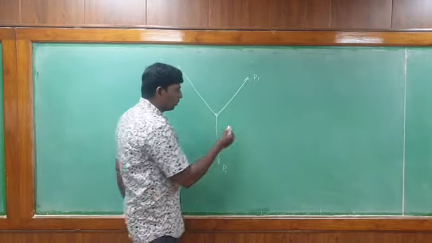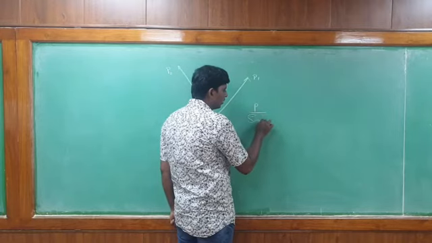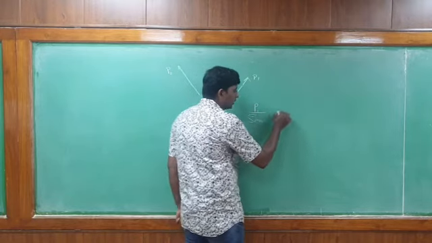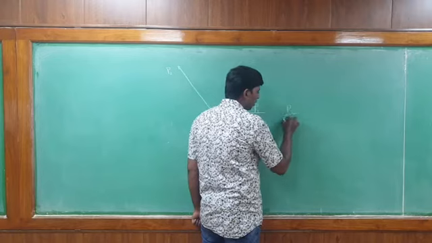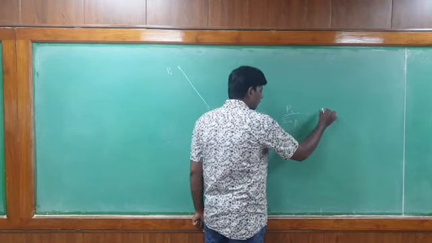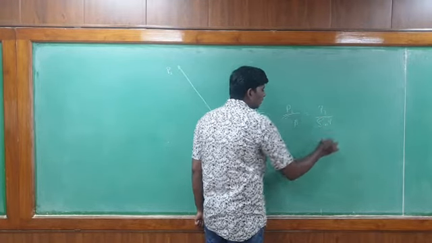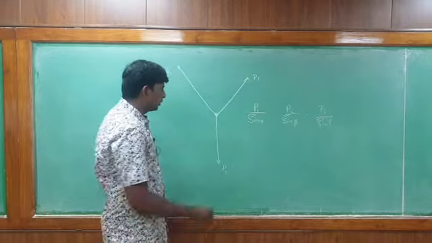then each force will be proportional to the sine of the angle between the other two forces. That is, P1 by sine alpha is equal to P2 by sine beta is equal to P3 by sine gamma. You have to remember this.